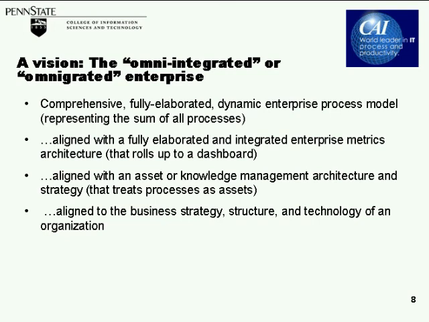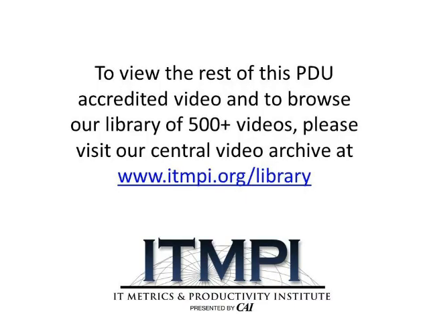Wouldn't it be nice if each of the processes that you identified in your organization, and I'm not just talking about the technology-driven processes, had metrics tied to each of those, and that for each of those processes you could associate concepts, methodologies, in other words, knowledge, and other information assets, and that this whole bundle of processes, this whole network of processes, was then also aligned to your business strategy and its structure and the technology infrastructure.